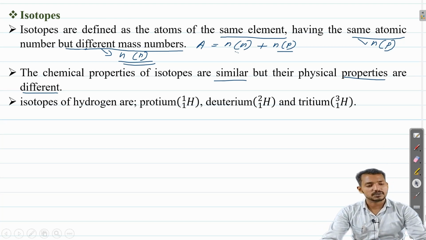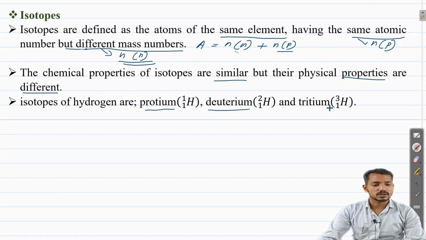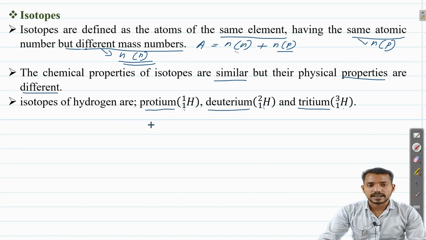First one is in case of hydrogen. For hydrogen, generally three isotopes are there. First one is called protium, second one is deuterium, and third one is tritium. See here, all these hydrogen atoms have the same atomic number, 1, because in the case of hydrogen, the number of protons is 1.